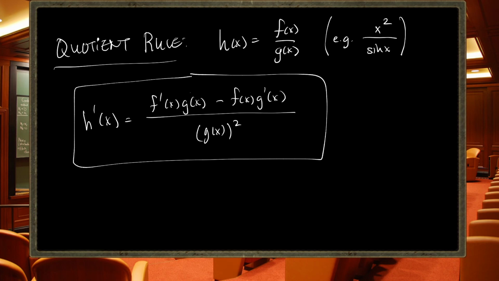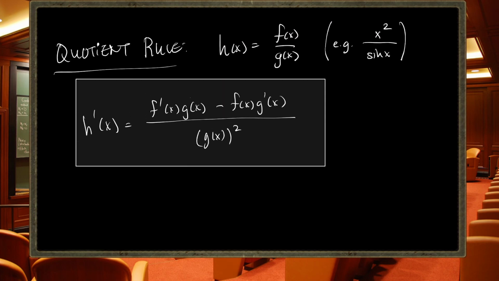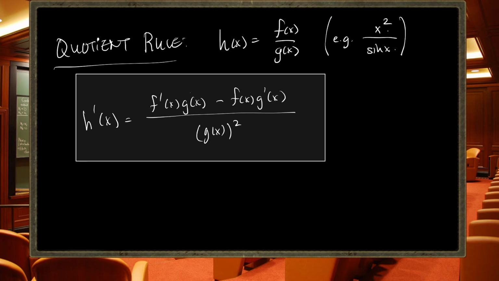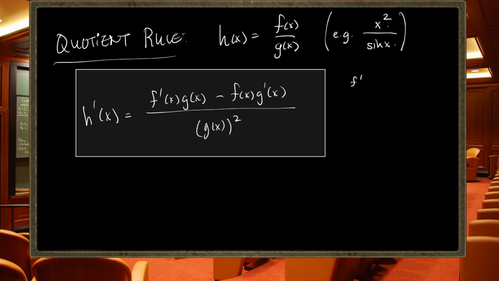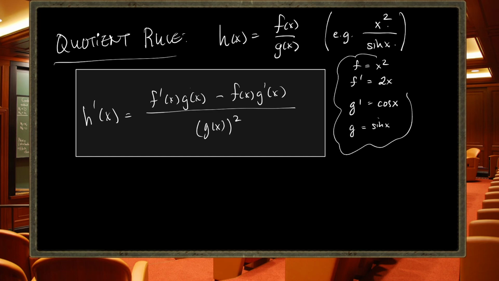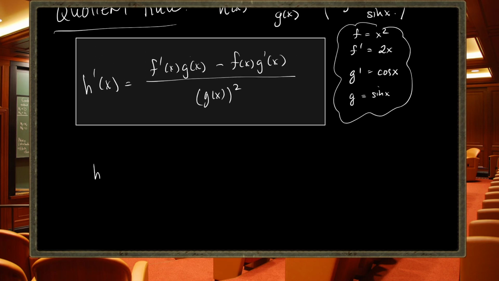So I'll show you just quickly how to apply it before you are set loose on some practice. And so if f is x squared and g is sine x, we know that f prime must be 2x. We know that g prime must be cos x. And so their derivatives are related in this way when we differentiate the whole quotient.